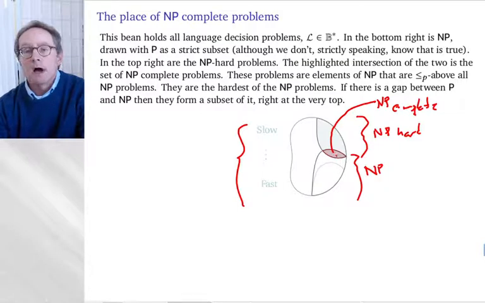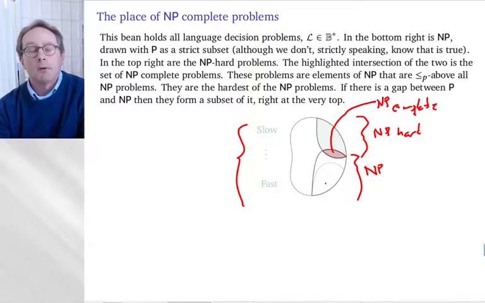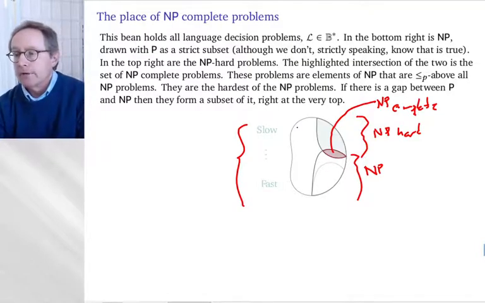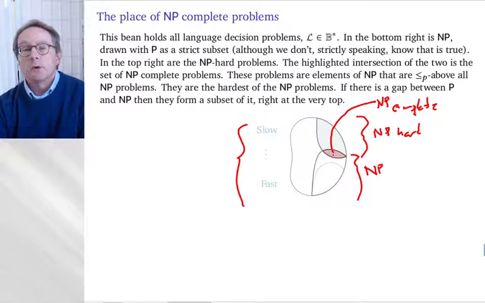That means that not only are they themselves in NP, but you can reduce any NP problem to one of these, so that if you could solve any one of these, then you could solve all NP problems. Okay, so the question is, if there's a gap between the P area and the entire NP space here, if there's a gap in there, then the NP complete ones are on the far side of the gap.